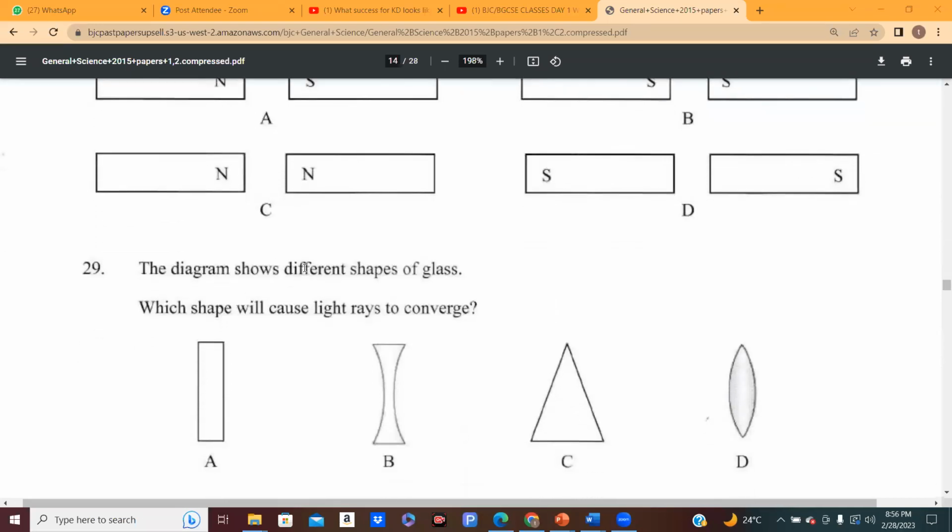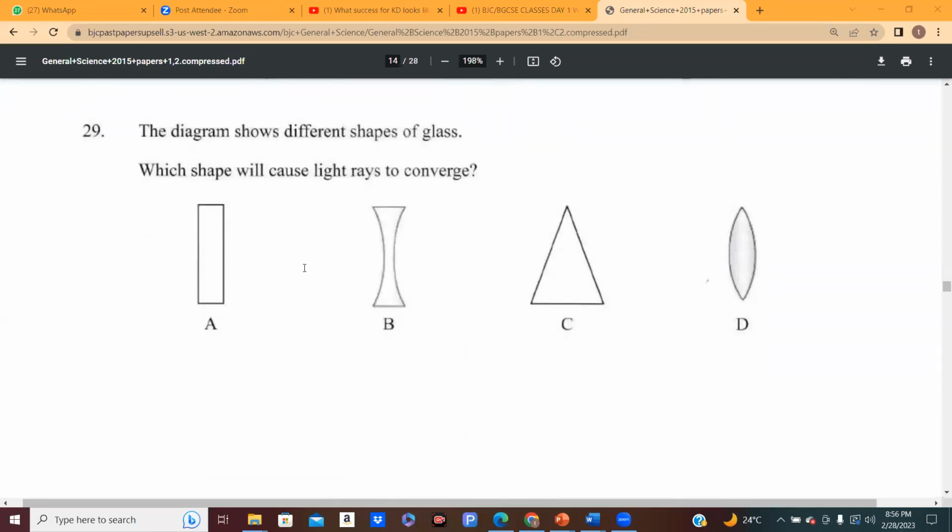All right. And this is for Jasmine. The diagram shows different shapes of glass. Which will cause light rays to converge?